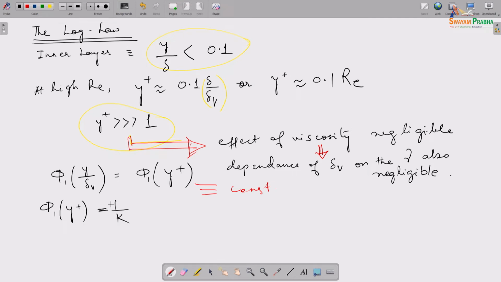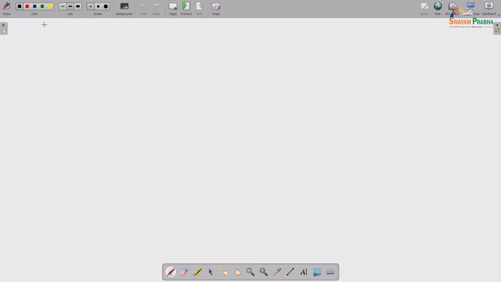Now, let us integrate this, or let us go to the next page and do that. So, I said this is constant, which is equal to 1 by k say. That is a constant.